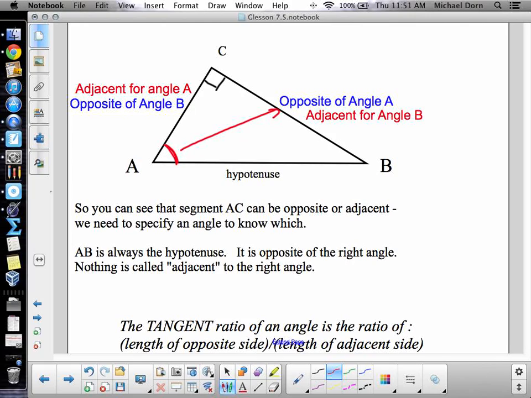It's not greedy. Every side gets a name. If I'm talking about angle B, now this side becomes the opposite, CA, and the adjacent gets to be CB. So adjacent and opposite are descriptors that are relative to point of view, and point of view is always one of the acute angles in the triangle.